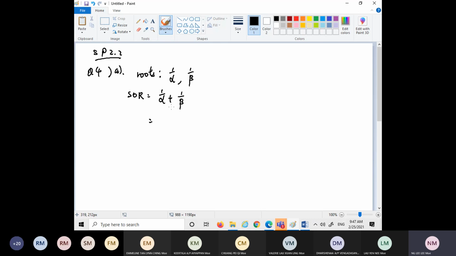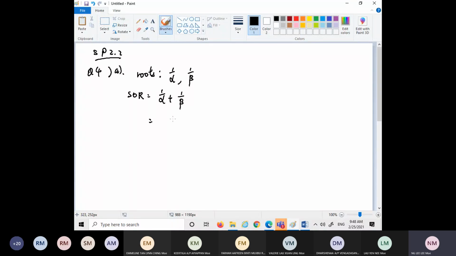I'm not sure whether you can do it or not. Can you suggest to me something to do with this so that I will see alpha plus beta and alpha beta? This is a fraction plus a fraction. I give you a clue: combine these two fractions, but they have different denominators.